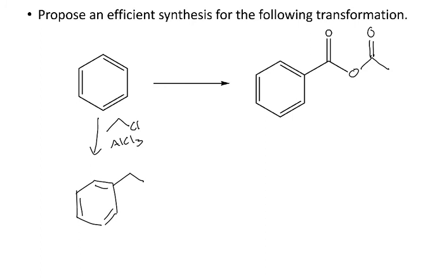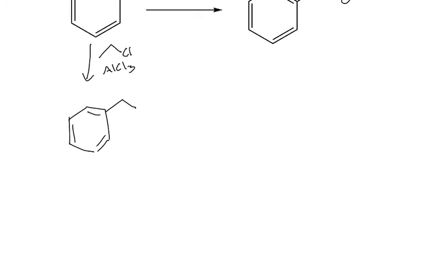All right, now I want to oxidize this with sodium dichromate, sulfuric acid, and water. What that does is it's going to chop off whatever the alkyl group is and just leave me a carboxylic acid coming off of that benzene ring.